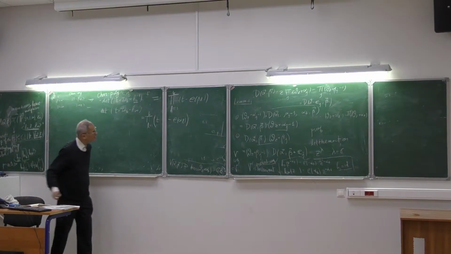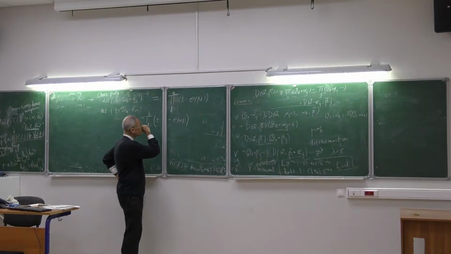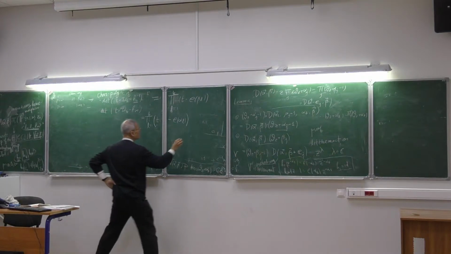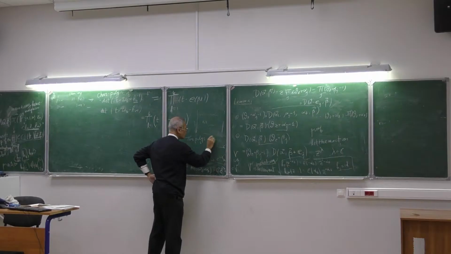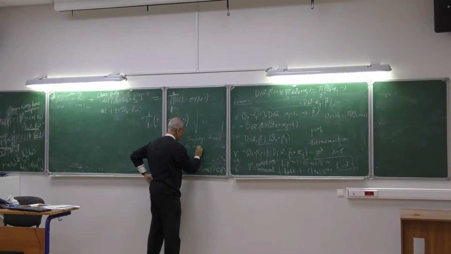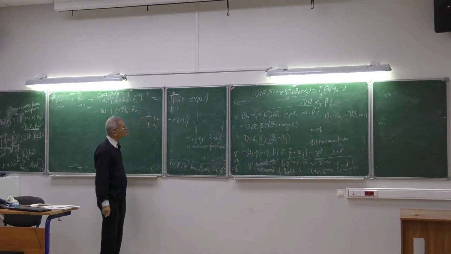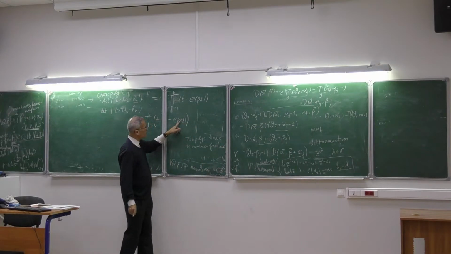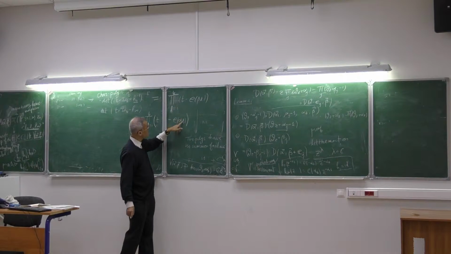So, in fact, the irreducibility condition means that these two polynomials have no common factor. That is, if the differences between alphas and betas are always non-integer, never integer.